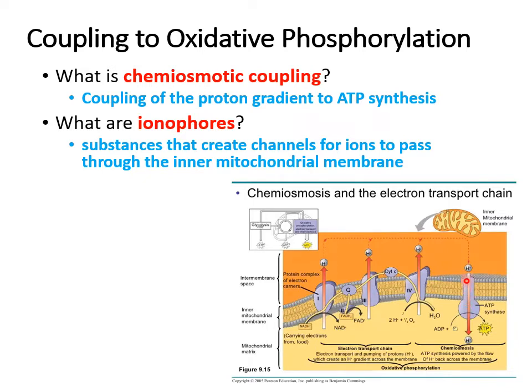And then F1, so F0 is the portion spanning the membrane, and then F1 will be the portion that's actually using energy released from the gradient, the electrochemical proton gradient, to then phosphorylate the ADP to produce the ATP as the final goal. So when you hear F0 and F1, that's just the two portions of the ATP synthase, looking at where exactly the ATP is being produced.